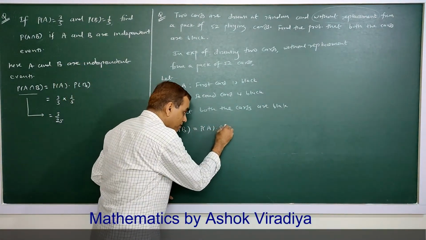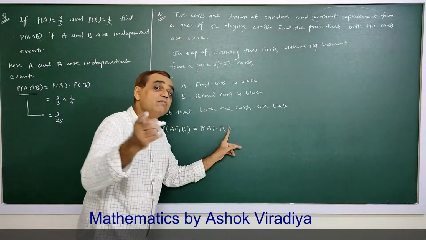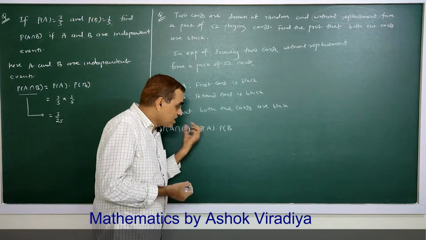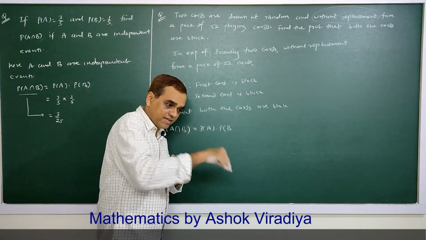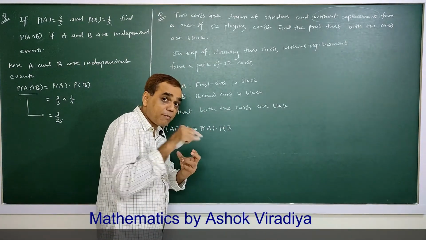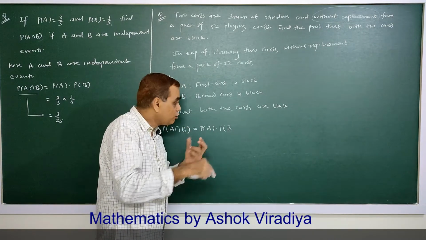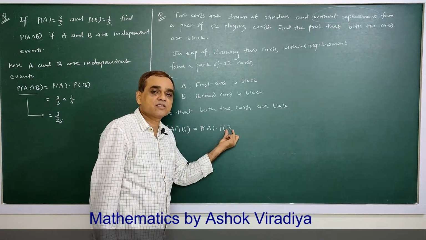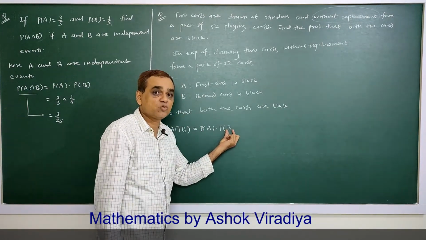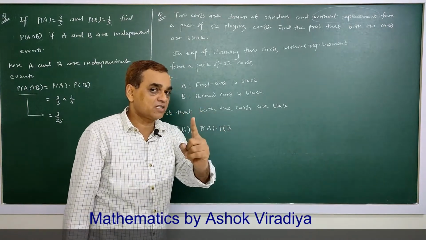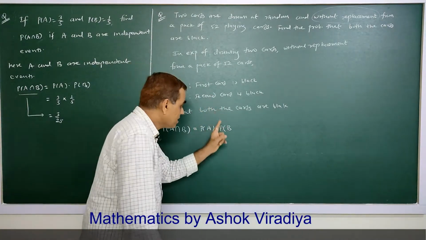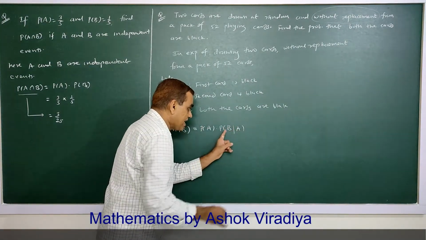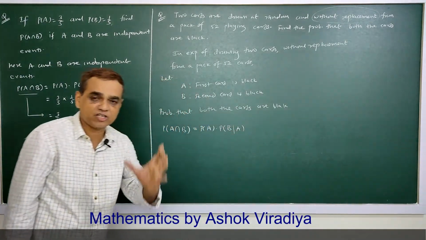Now when you perform second action, it will be affected by first action, because after taking first card you have not taken back, you have not kept back in the box. Now when you are going to take second card, there is one less card in the bunch of cards. So now you have 51 cards. So that means this is affected by this event. So by a conditional event, now second action is conditional action.